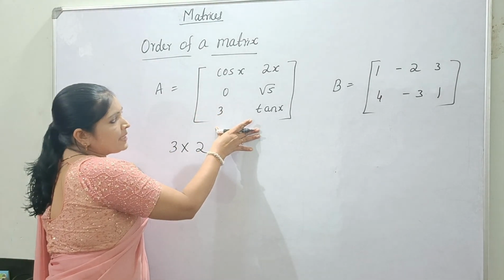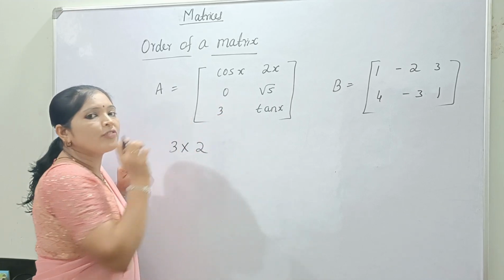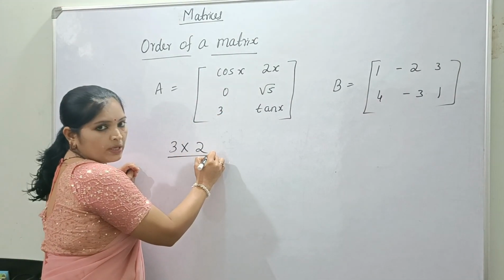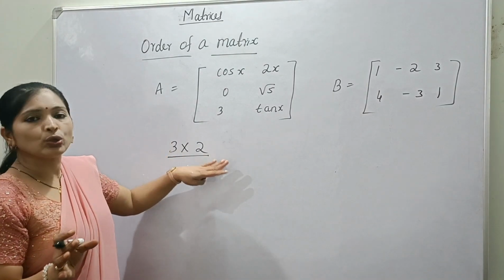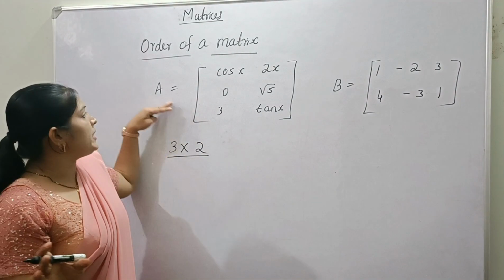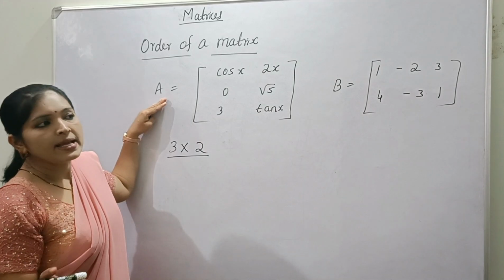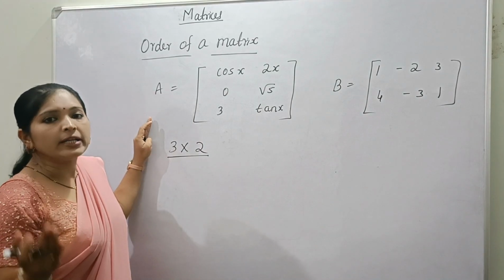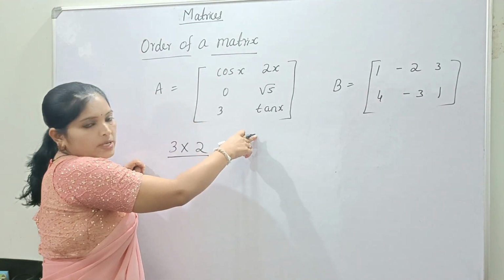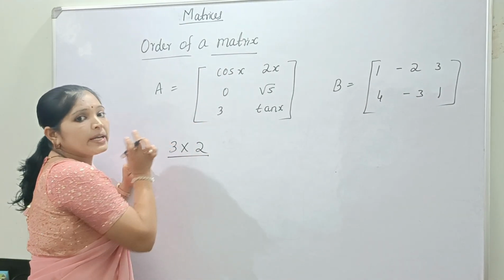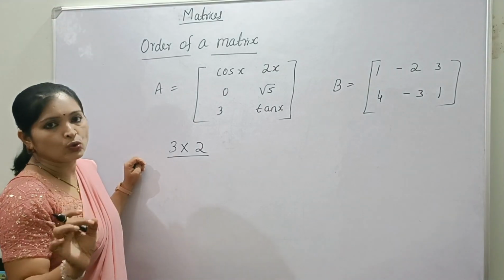So A is a matrix of order 3 by 2, and it has a total of 6 elements: 3 into 2, that is 6. Here the first number represents the number of rows.